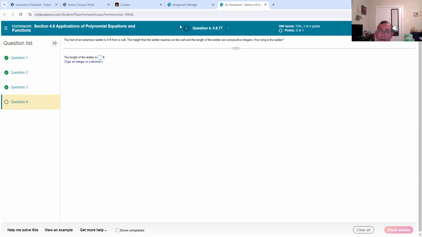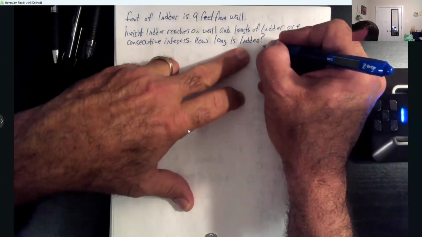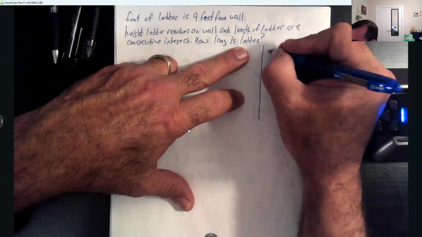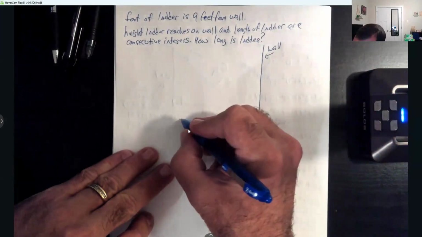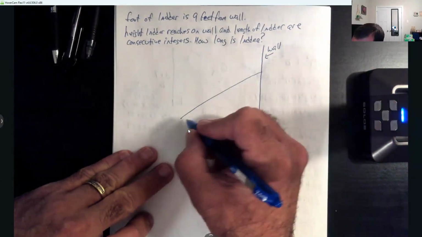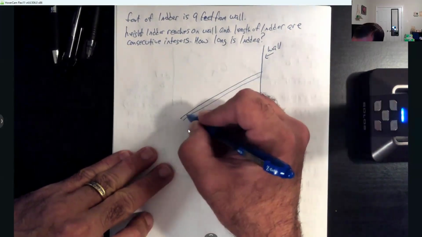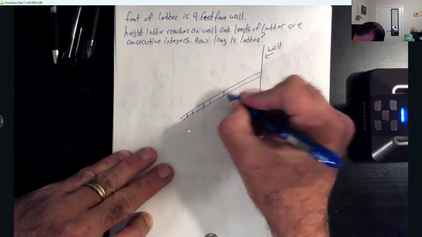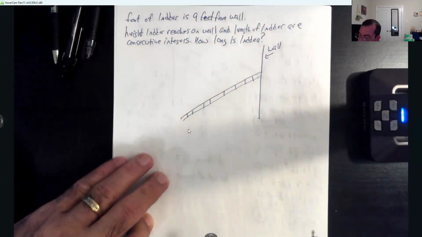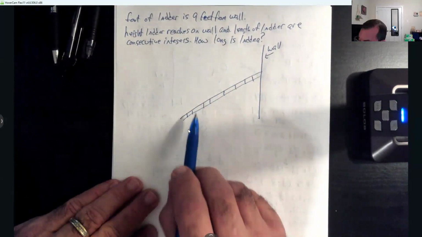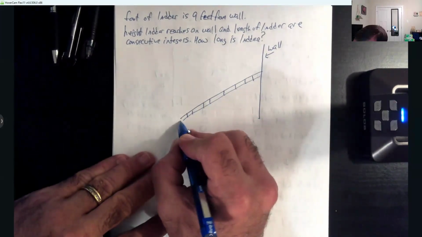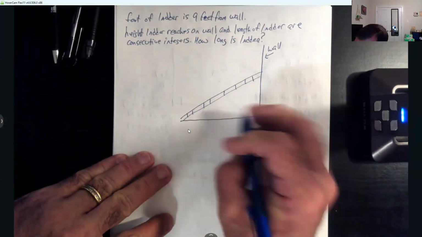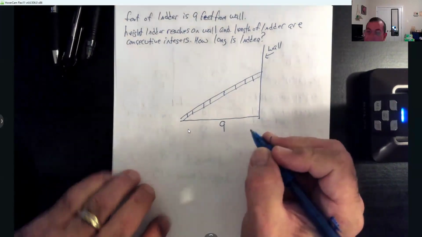So y'all, guess what? I'm going to draw me a picture again. So what they're telling us, I got a wall over here. And we've got an extension ladder leaning up against it. Now, the only thing I know at the moment is the foot of my ladder right here is 9 feet from this wall. So this distance right here is 9 feet.